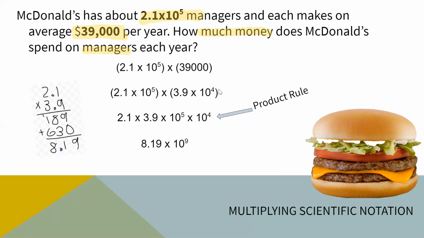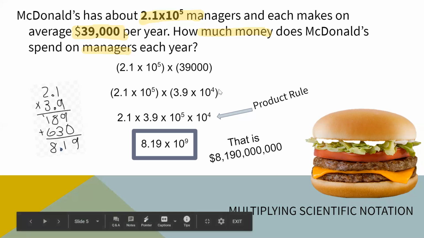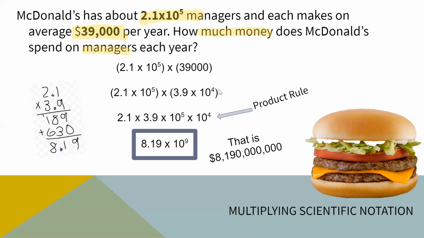So it equals 8.19 times 10 to the 9th power. Since that is written in scientific notation, I know that's my final answer. And if we wanted to answer the question, we know that they spend $8,190,000,000 per year on manager salaries.